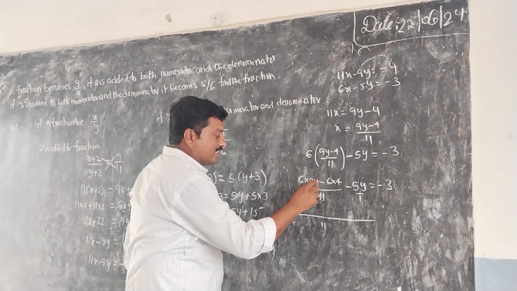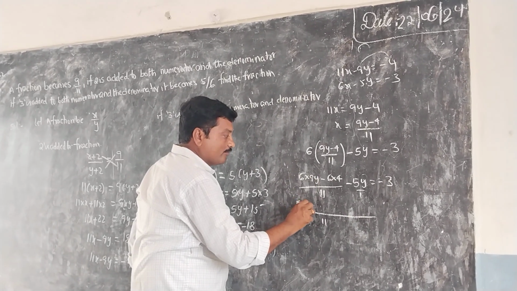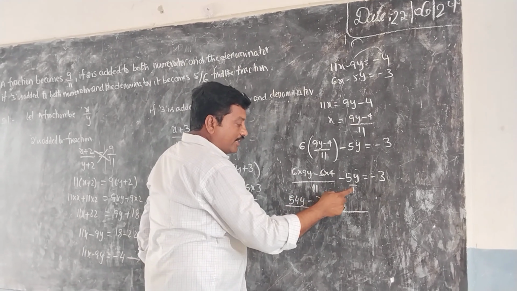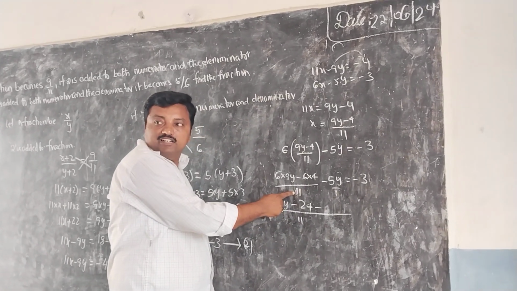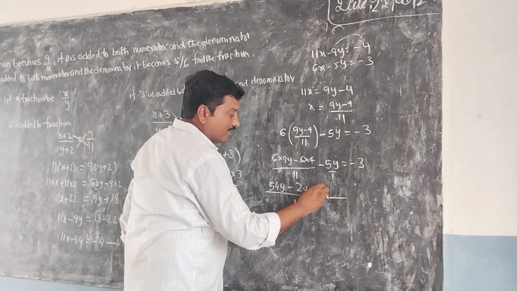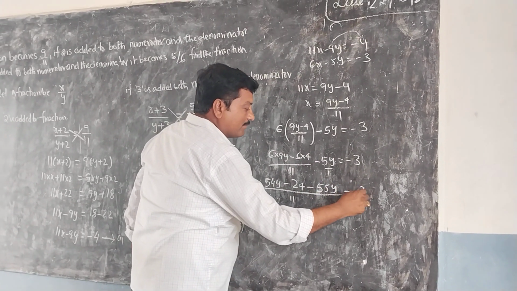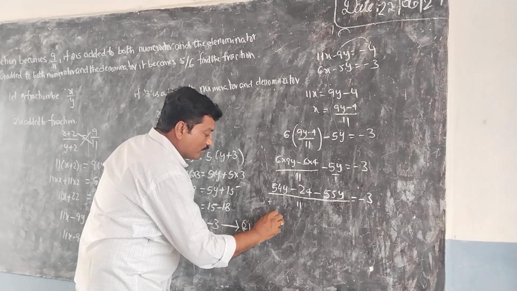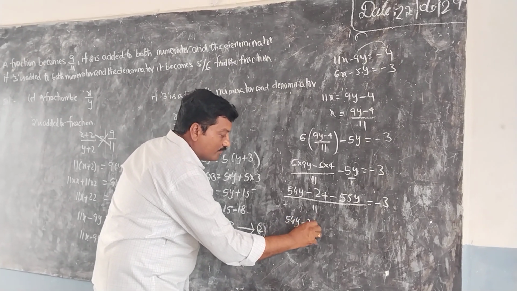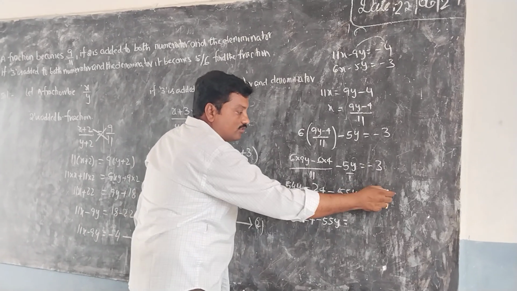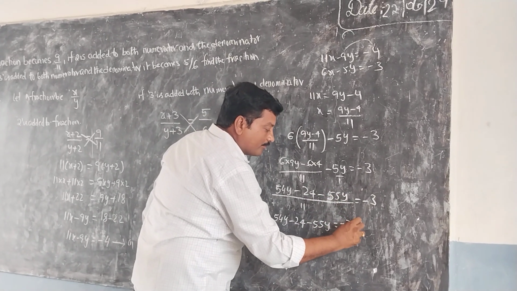So 6 9s are 54, 6 4s are 24, minus 1 into 11, 11 times 5y, 11 5s are 55y, equal to minus 3. So 54y minus 24 minus 55y by 11, transposing to the right hand side, into 11.